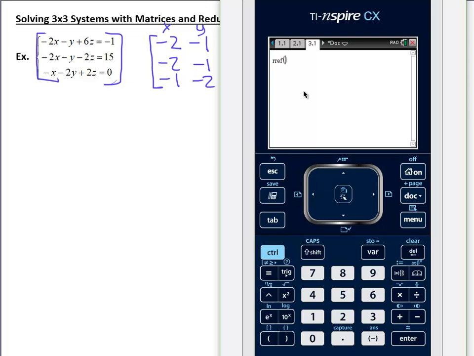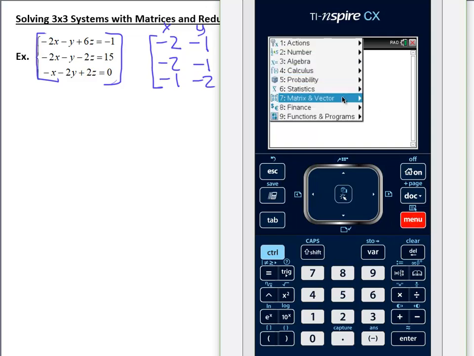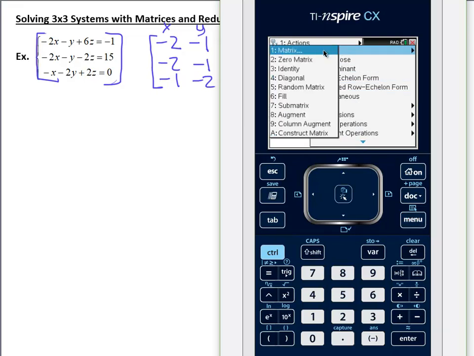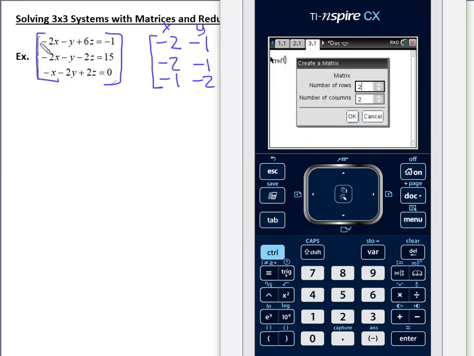So if you really wanted to not have to go through the menu, you can type RREF parentheses. But now I need to go back to matrix and vector. I need to create a matrix. So create matrix. Rows go horizontal, columns go vertically. So I'm going to need 3 rows, but I'm going to need 4 columns.